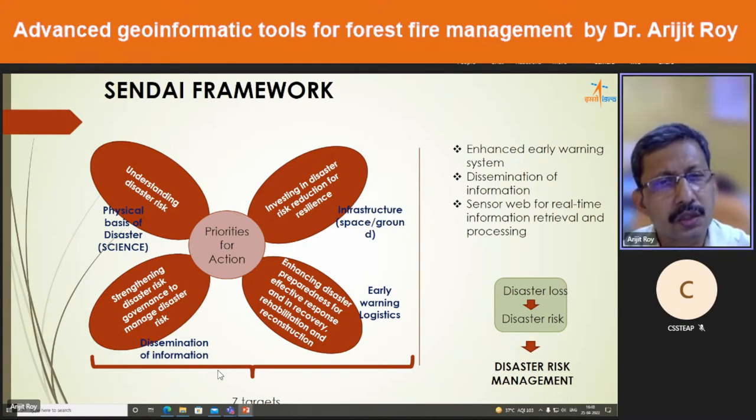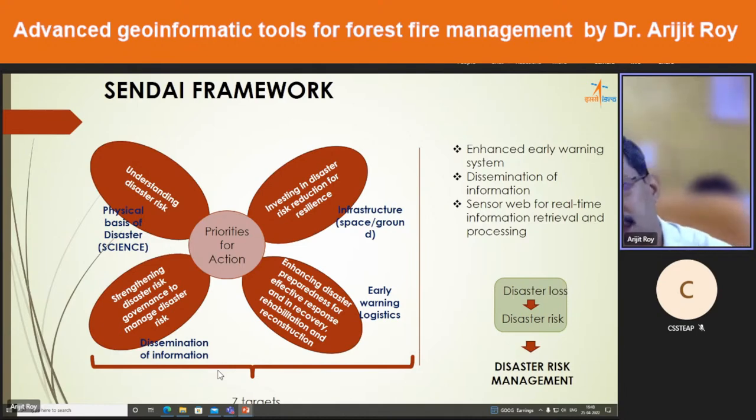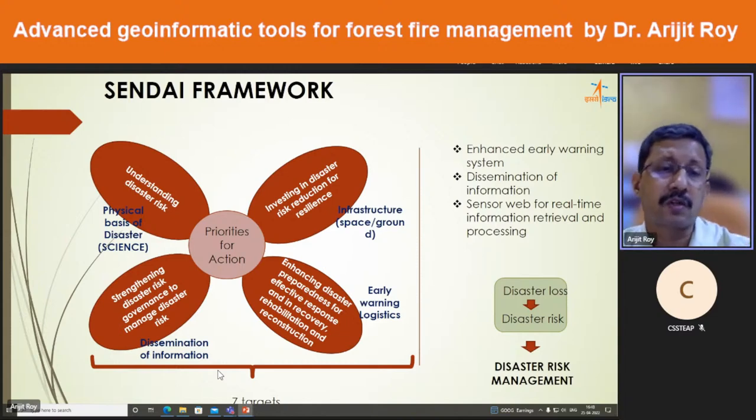That is, to understand the disaster risk, which basically translates to the physical basis of disasters, the science behind the disasters. Then investing in disaster risk reduction for resilience, both infrastructure, that is, creating infrastructure, both space-based and ground-based. Then strengthening disaster risk governance to manage the disaster risk.